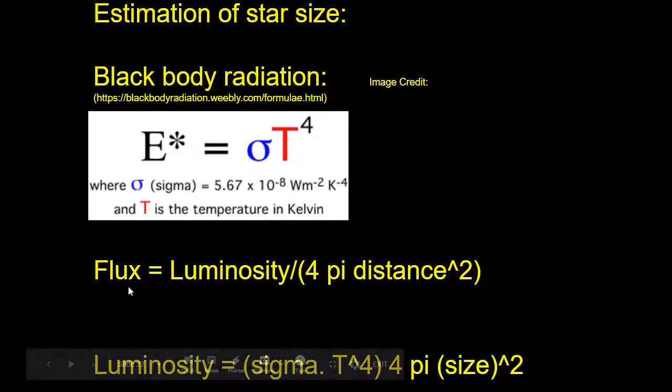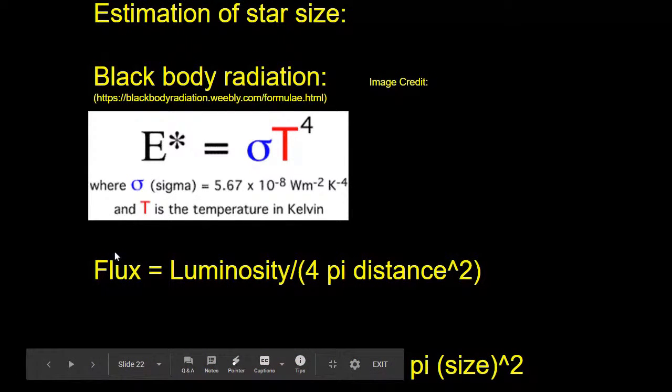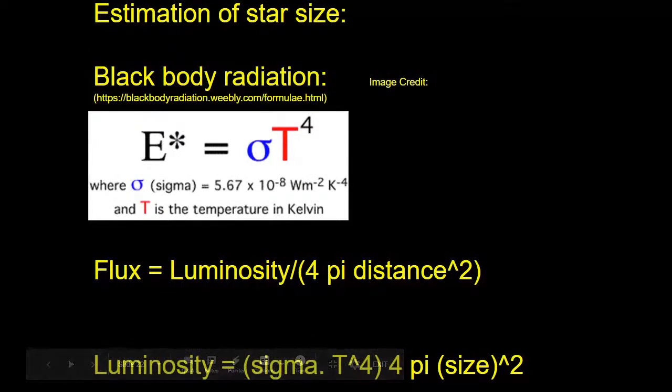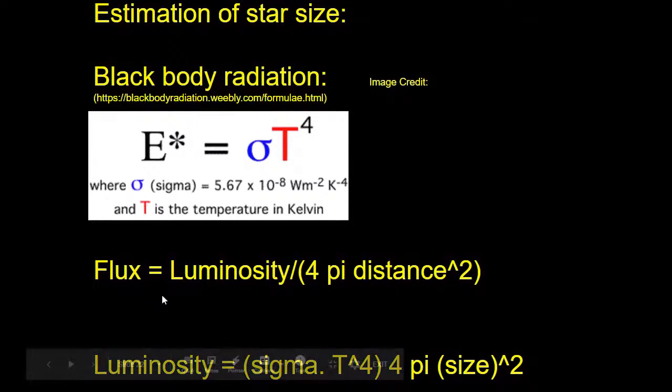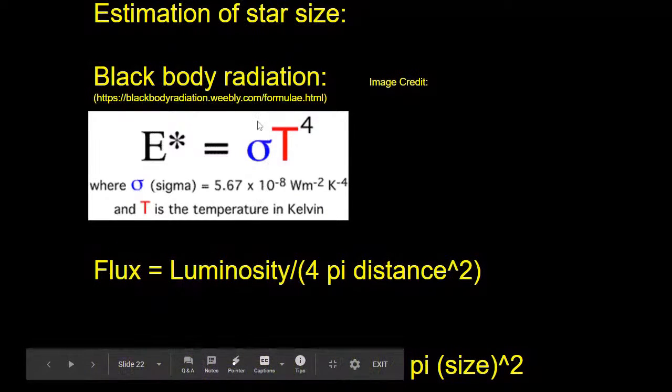Flux is measured directly by looking at the total radiation the detector, the telescope, is collecting per unit area, per unit time. So flux is measured, temperature is measured.